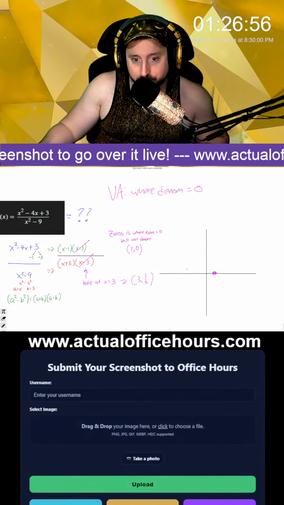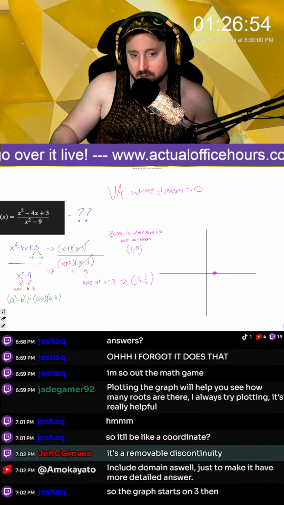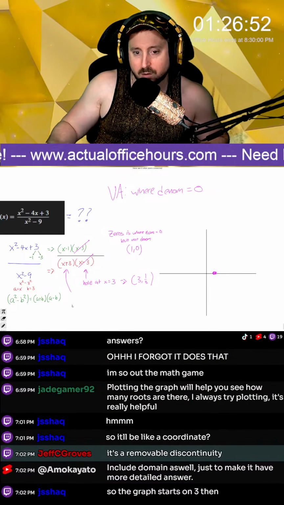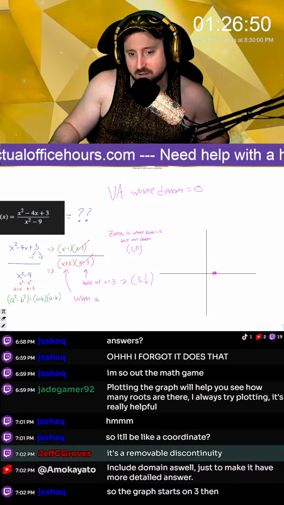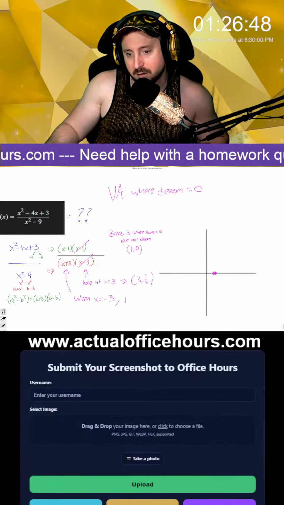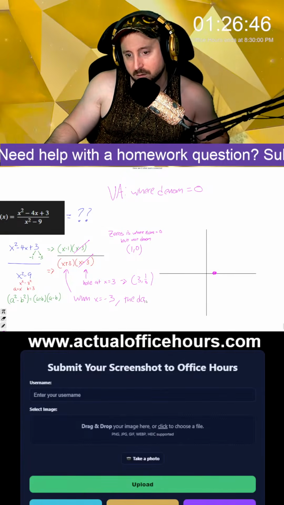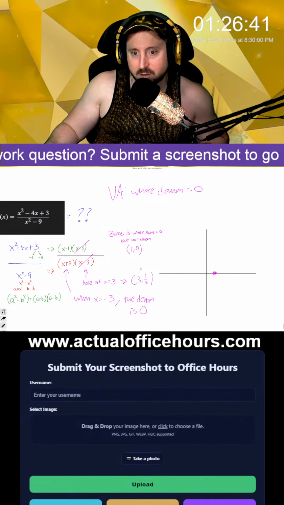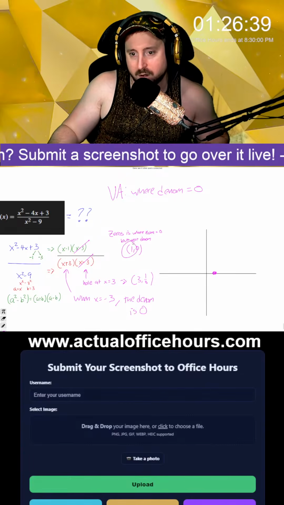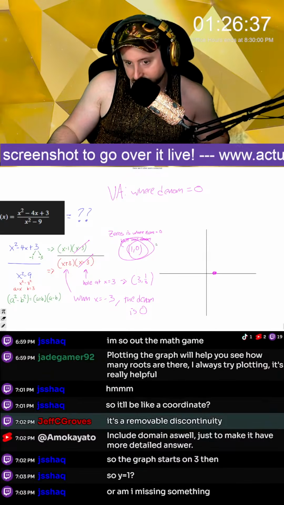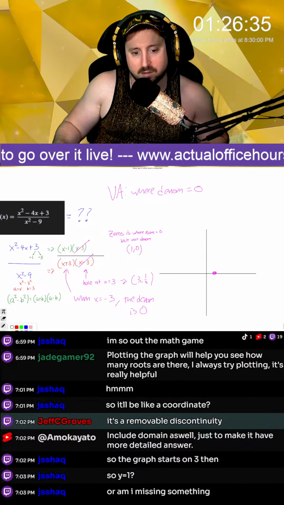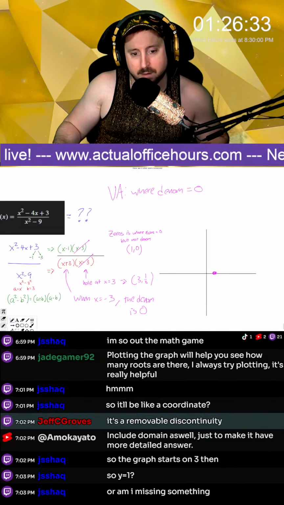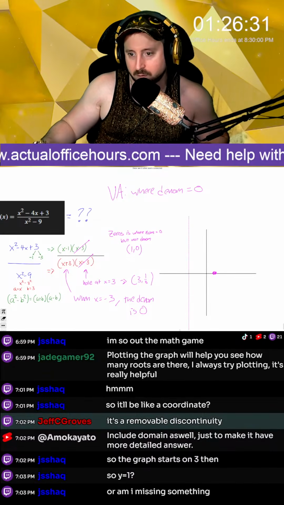So here, when x equals -3, the denominator is 0. No. X equals 1, y equals 0 is a point. But then also, x equals -3 is what we call a vertical asymptote.